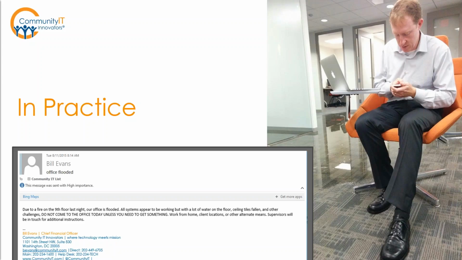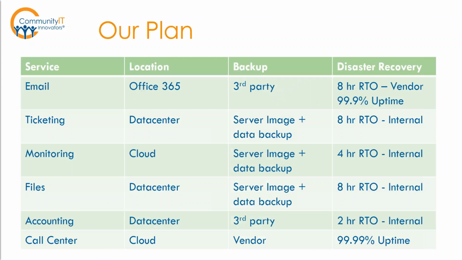Yeah, and as an example, a basic matrix just for this presentation, we identified different services. Email, we're using Office 365, and then we made the decision that we really need to have a third-party backup system in place, so we can meet the RTO and the RPO requirements that we have internally. Same thing, as Steve mentioned, our ticketing system that's in our data center. We're doing server image backups.